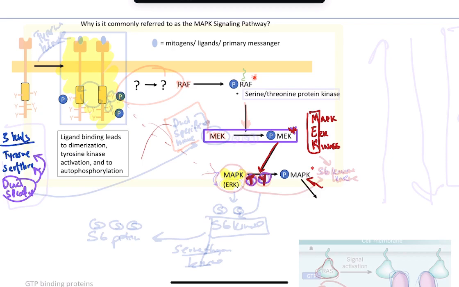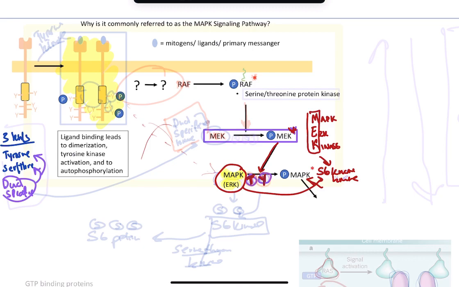Okay, so this S6 kinase, the kinase that is phosphorylating the MAPK, which we know is the S6 kinase. The thing phosphorylating this is MEK, M-E-K, MAPK, ERK kinase. Oh my God, wow, that makes sense.